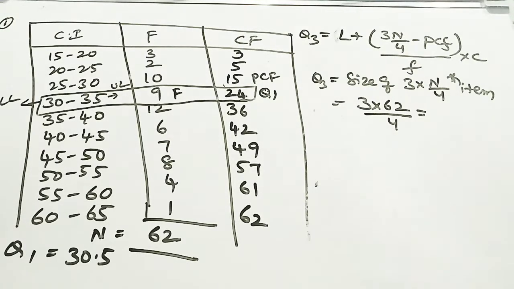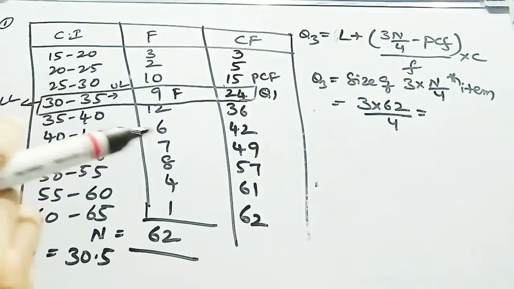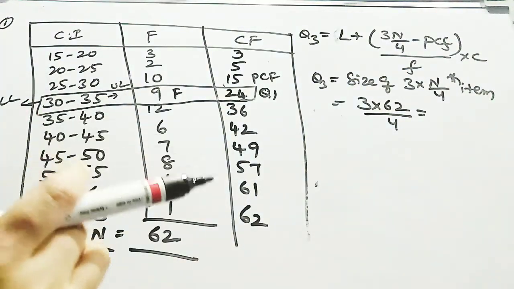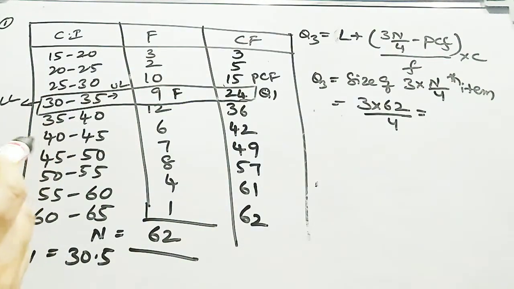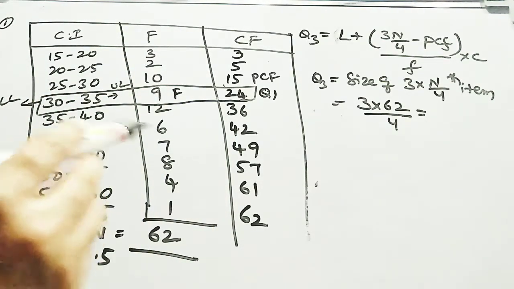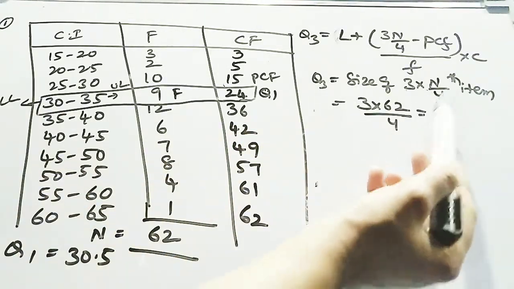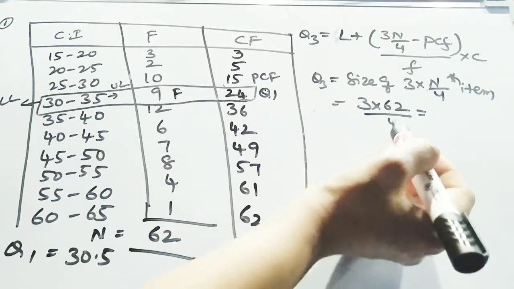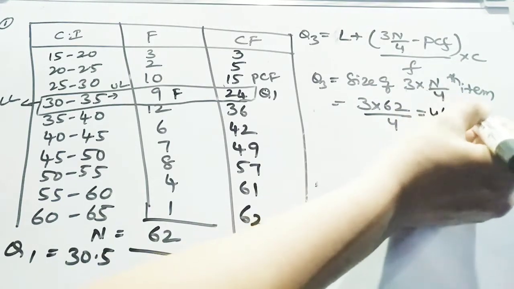Second, you have to find Q3. What is the formula? L plus 3n by 4 minus preceding cumulative frequency, divided by frequency, into class interval. First we have to find in which item it lies, so you take 3 into n by 4th item. 3 into 62 by 4 gives 46.5th item.